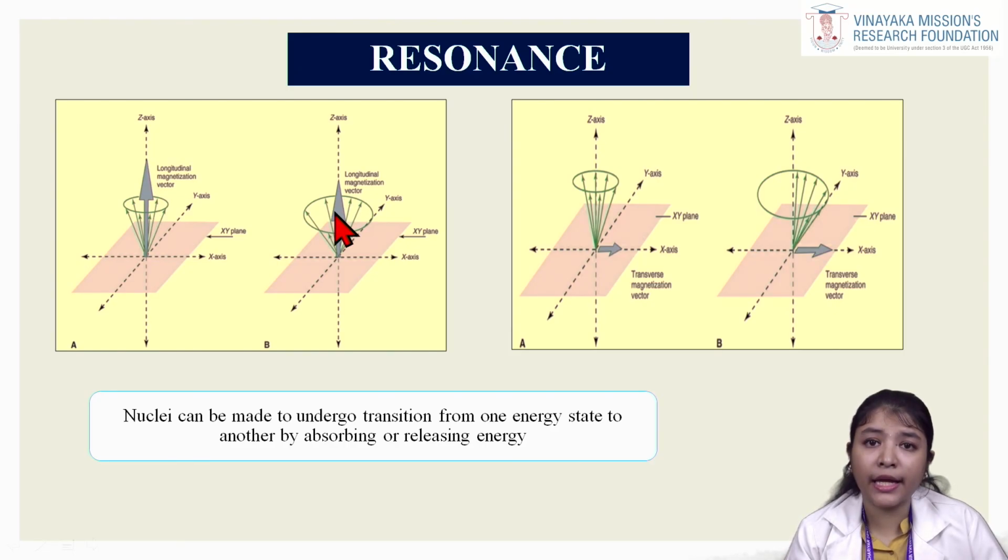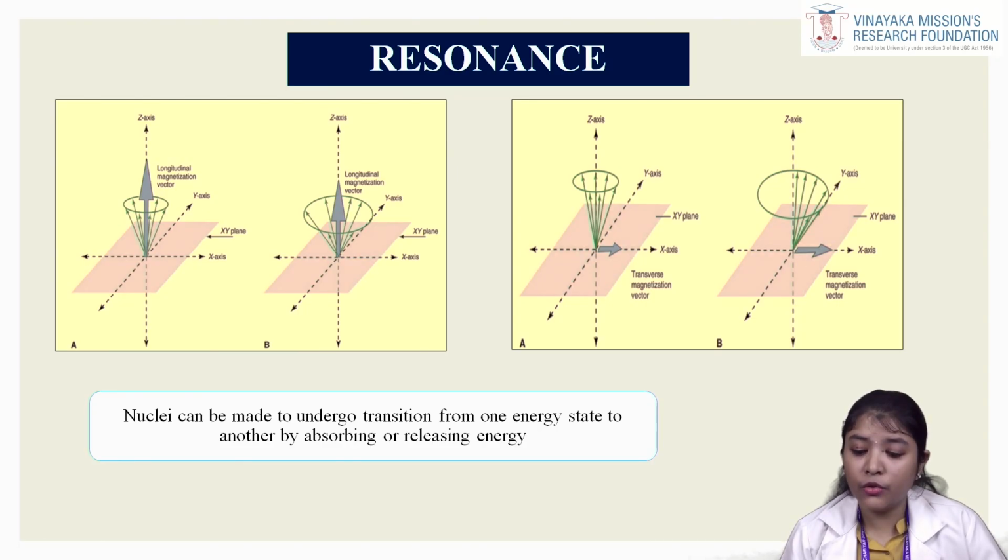By increasing the intensity and duration of the radio frequency pulse, the longitudinal vector changes to the direction of the transverse vector. In this area, the magnetization is maximum as the nuclei are arranged in one phase.